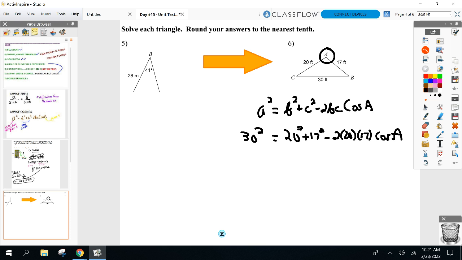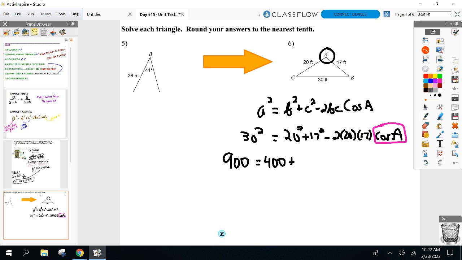I know it's been a long time since we've done these. Your goal: get cosine A by itself. So let's figure out all the squaring right now. Grab your calculator. 30 squared, 900. 20 squared, 400.